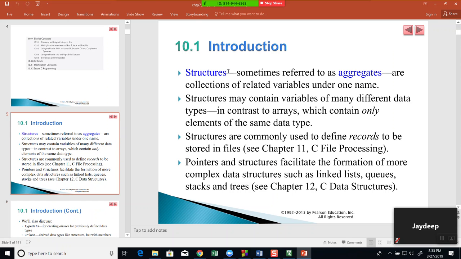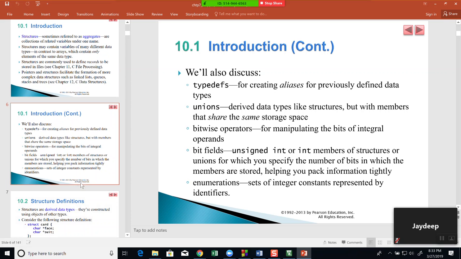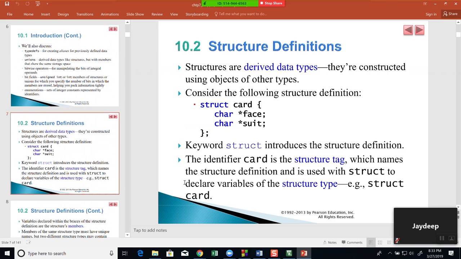And we got something called structures. It's a way of arranging data. This is an example of a structure. Struct card, and then you got char asterisk face, char asterisk suit.